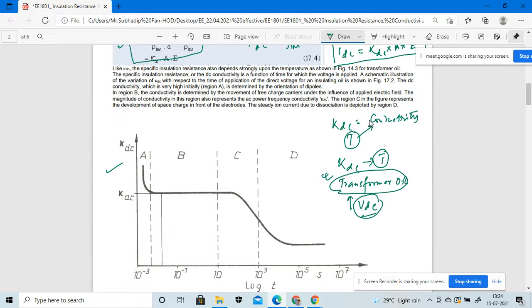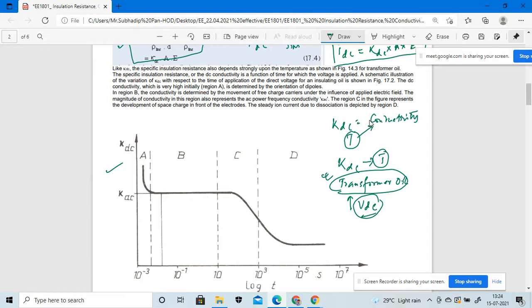Transformer oil is nothing but an insulating oil, which has a certain conductivity depending upon the temperature. This schematic diagram shows the insulation resistance and the conductivity of a transformer oil.